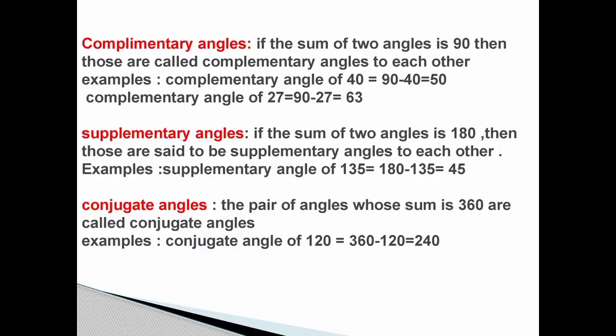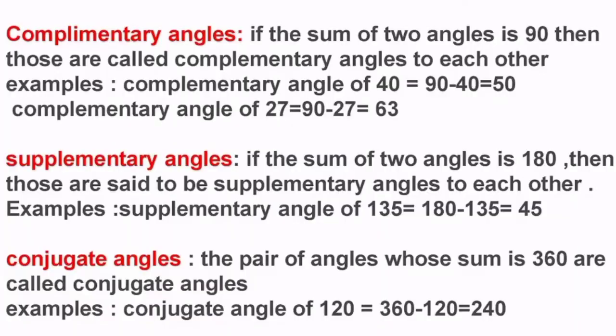Next, complementary angles. If the sum of two angles is 90, then they are called complementary angles to each other. Examples of complementary angles: the complementary angle of 40 is 90 minus 40, which is equal to 50.